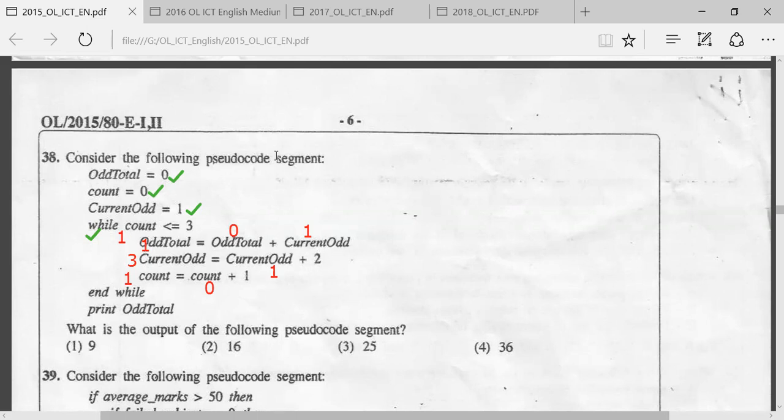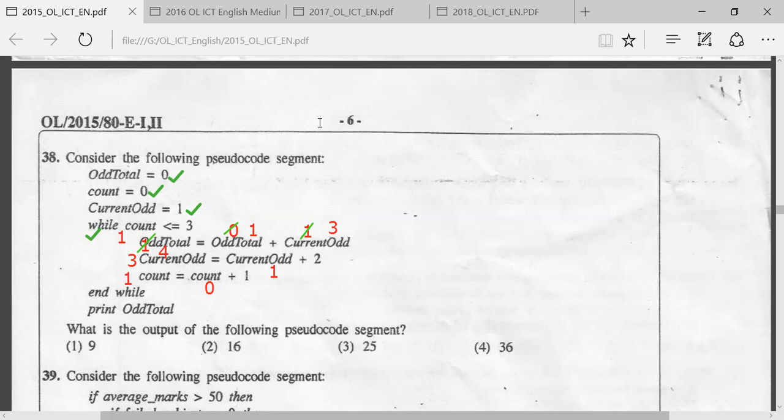Now the value of odd total is 1, right? So here I will remove this one and place odd total as 1. Current odd, it is 3. So 1 plus 3, it will be 4. So new odd total will be 4.